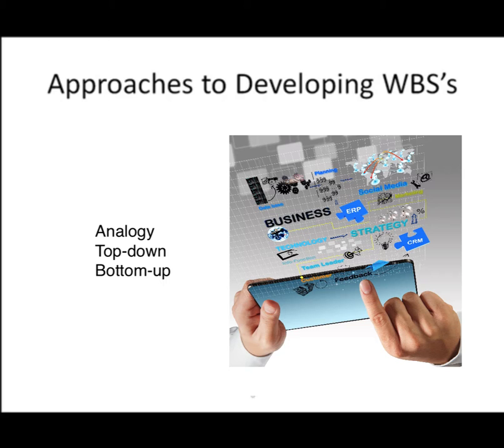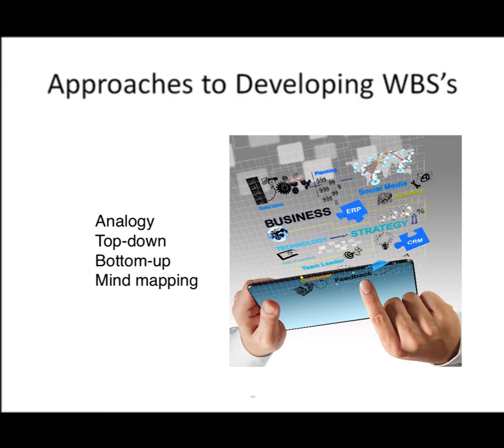Bottom-up approach, it just works in reverse. Here's where you start with the specific tasks and roll them back up into successive larger pieces of work categories. And there's another approach called mind mapping you might have heard of. Mind mapping is a technique that uses branches radiating out from a core idea to structure thoughts and ideas.